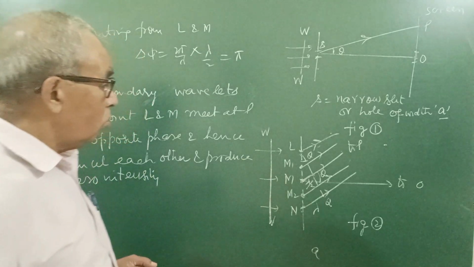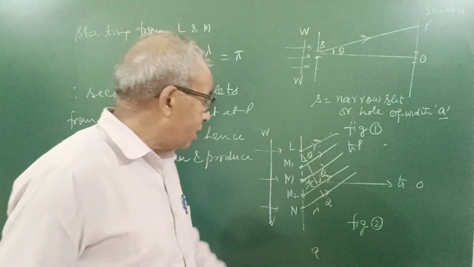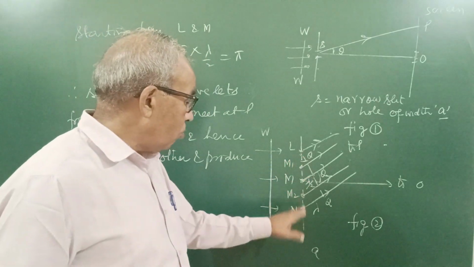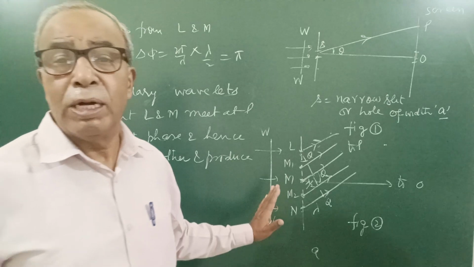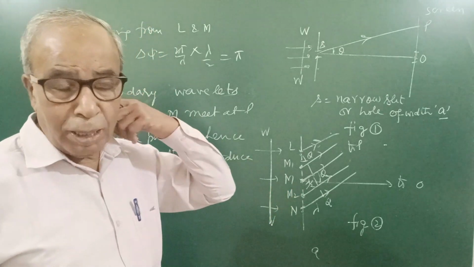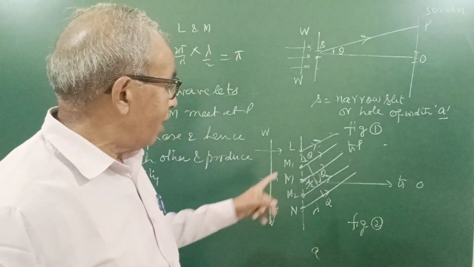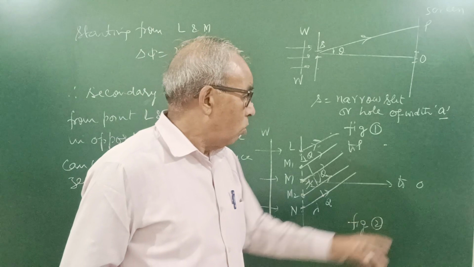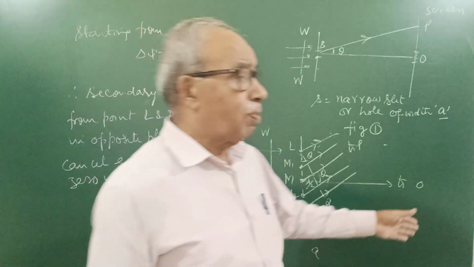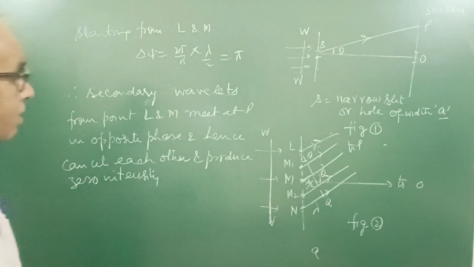What I told you: when plane wave front W strikes the slit, every particle of the medium starts oscillating in the same phase, because a wave front is the locus of points oscillating in the same phase. At point O, secondary wavelets from every point L and N, M1 and M2 meet in the same phase because point O is equidistant from the two halves of the slit.